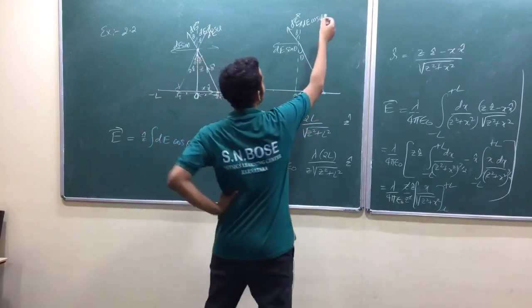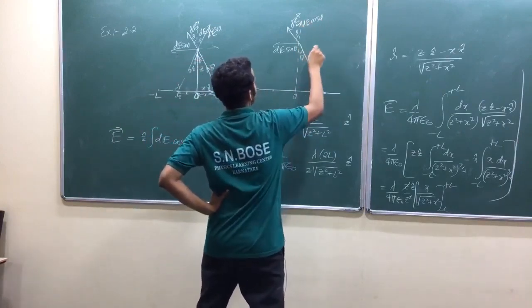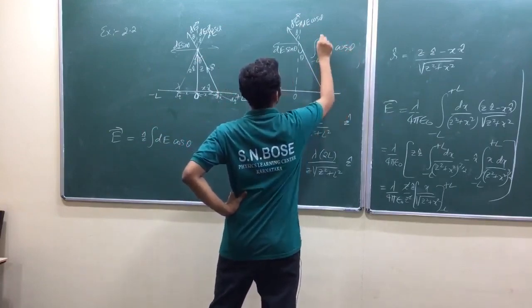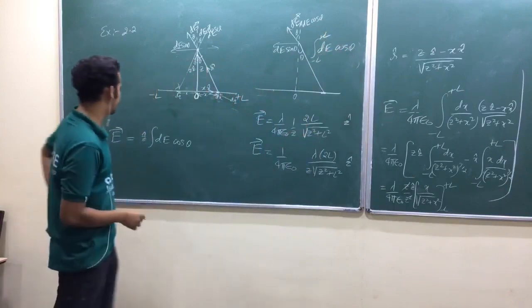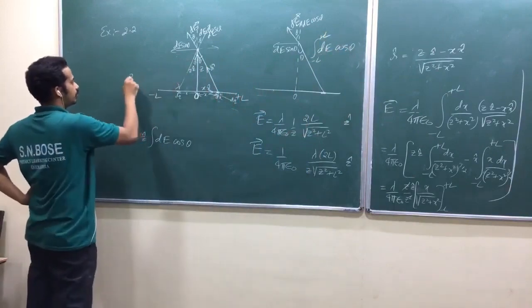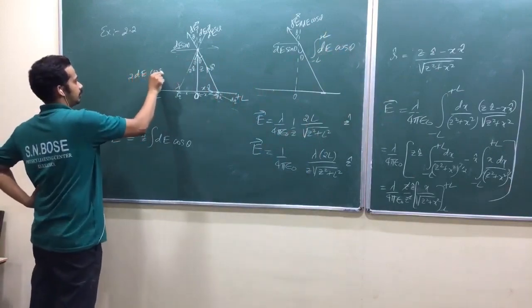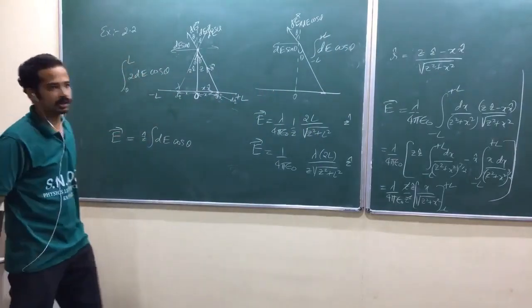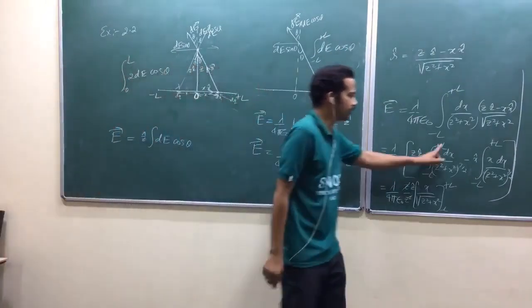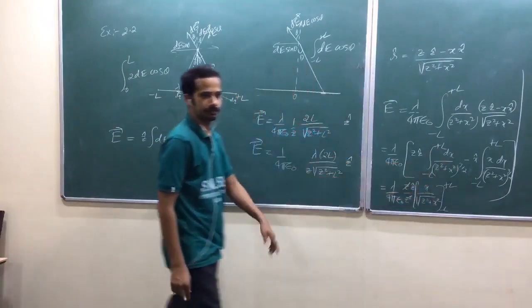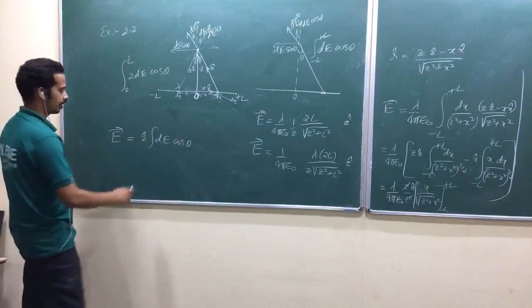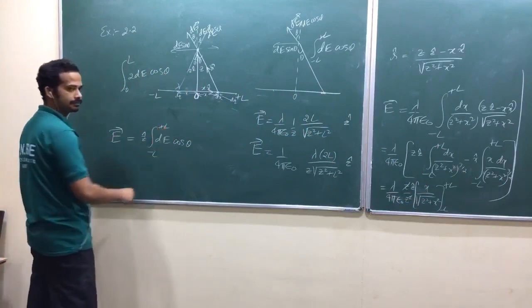So then you can integrate dE cos theta from minus L to plus L, or you can integrate 2 dE cos theta from 0 to L also. Both are the same. Your integrand is an even function.